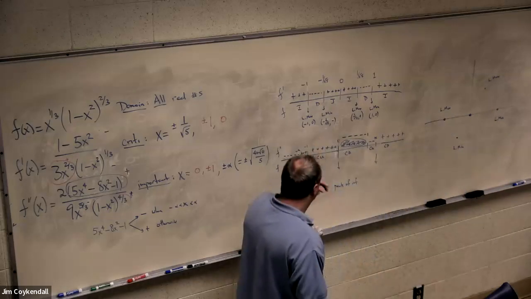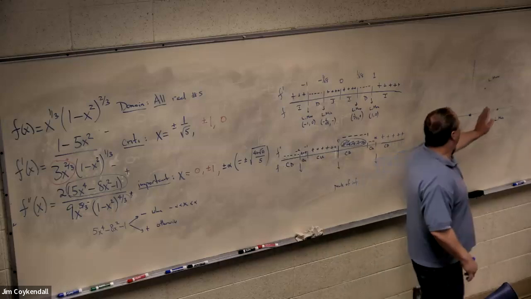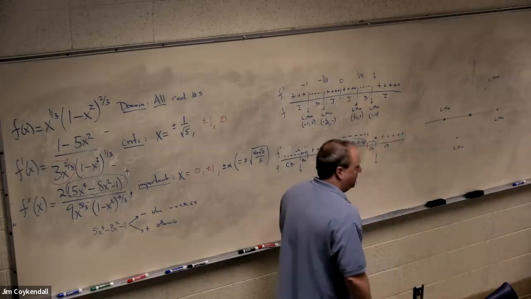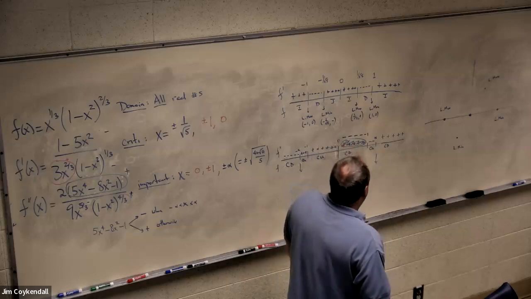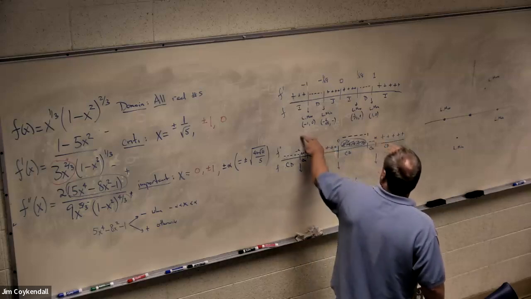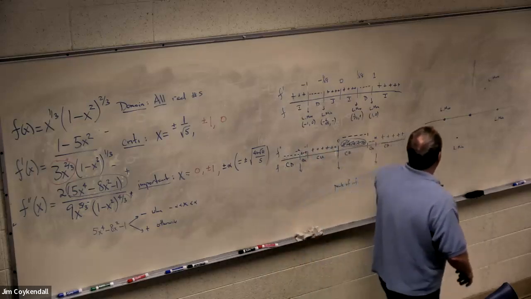Everybody with me so far? This is about 1 over the square root of 5. Now, what happens here? Well, can somebody describe what's probably going to happen?